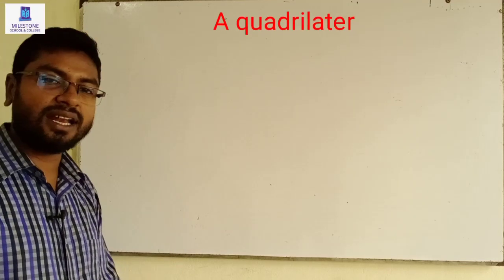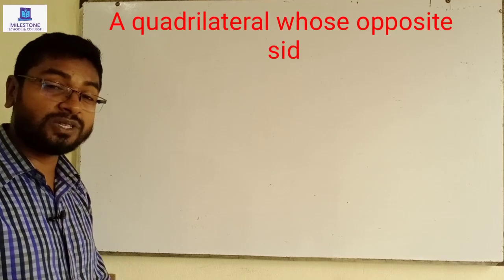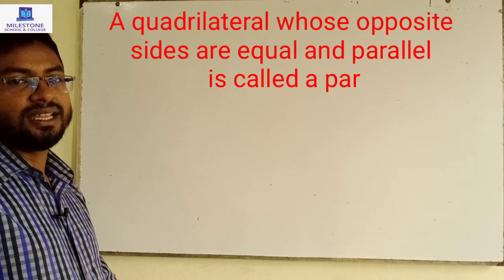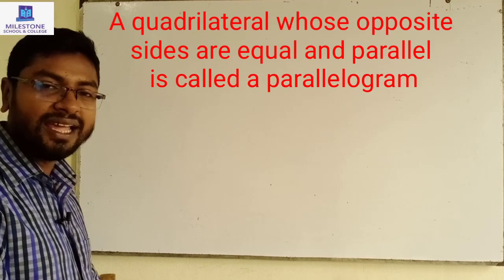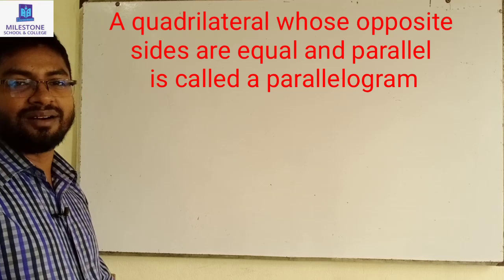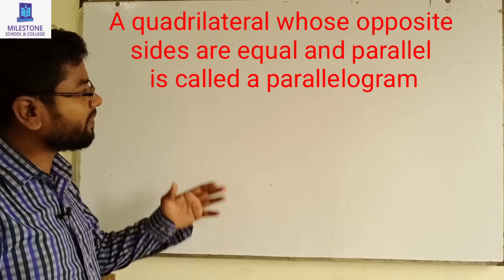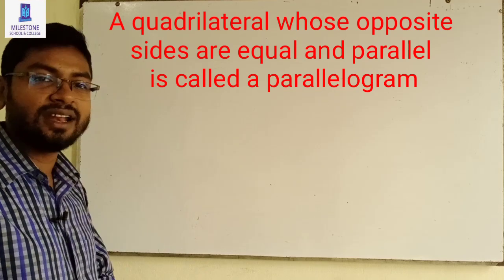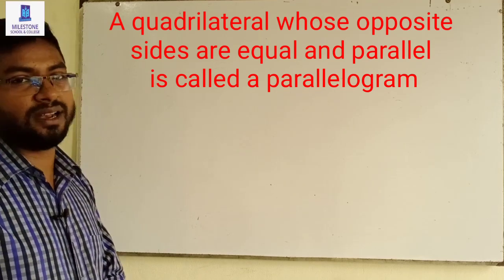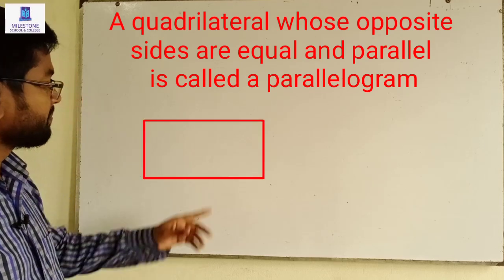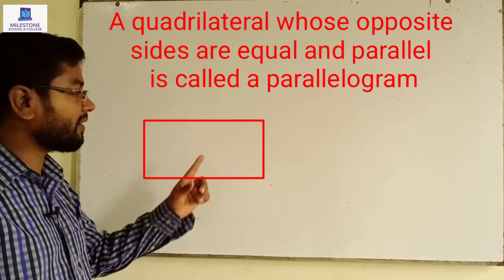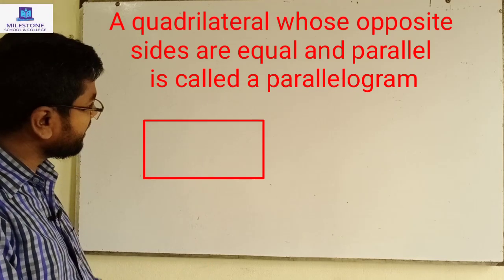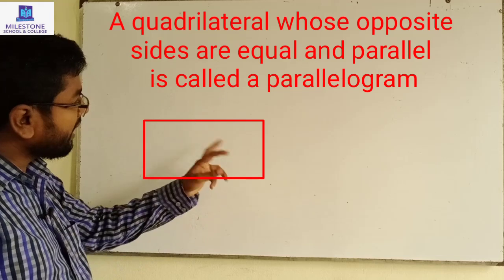a quadrilateral whose opposite sides are equal and parallel is called a parallelogram. So the definition of a parallelogram is a quadrilateral whose opposite sides are equal and parallel. See the figure. This is what we have learned as a rectangle. See the rectangle, opposite sides are equal and parallel.